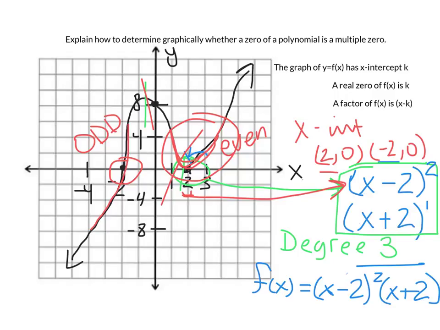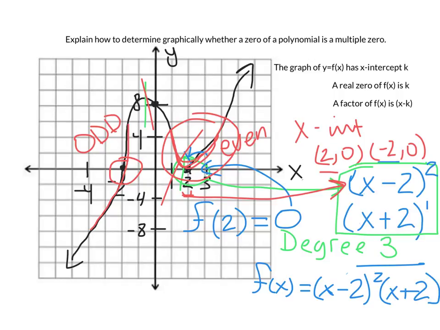And we know that f of k, or let's say f of 2, does indeed equal 0. All right. Well, that's excellent. I hope that this video helped you understand.